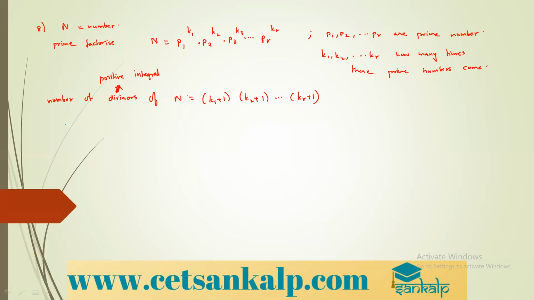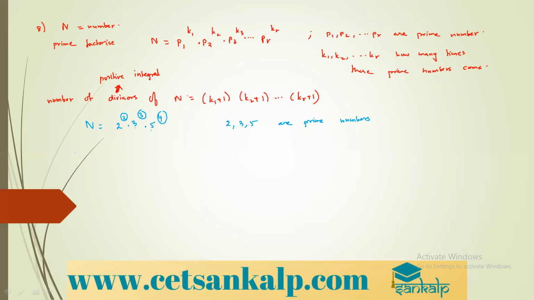Suppose I give you a number that I don't know, n, but already I have prime factorized it. That means I can write this number as 2 square into 3 cube into 5 power 4. See, 2, 3, 5 are prime numbers. Prime number 2 is coming 2 times, prime number 3 is coming 3 times, prime number 5 is coming 4 times.